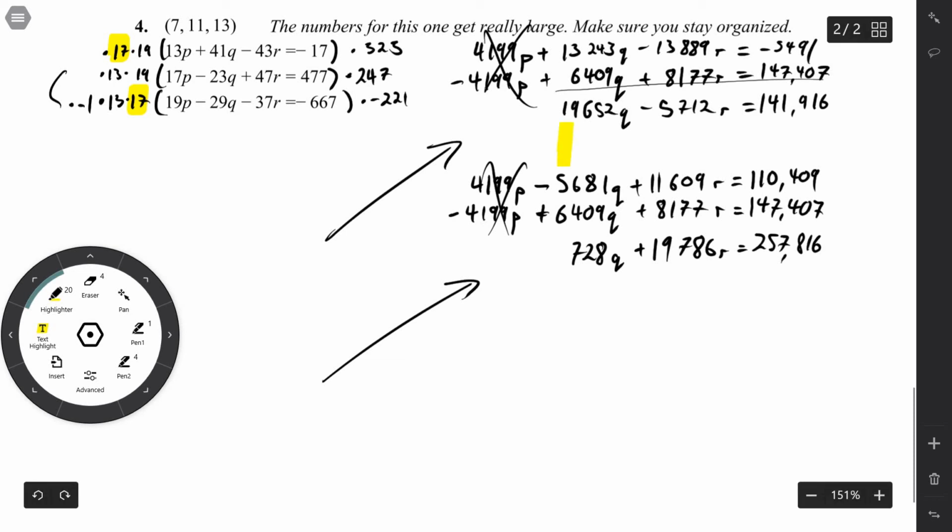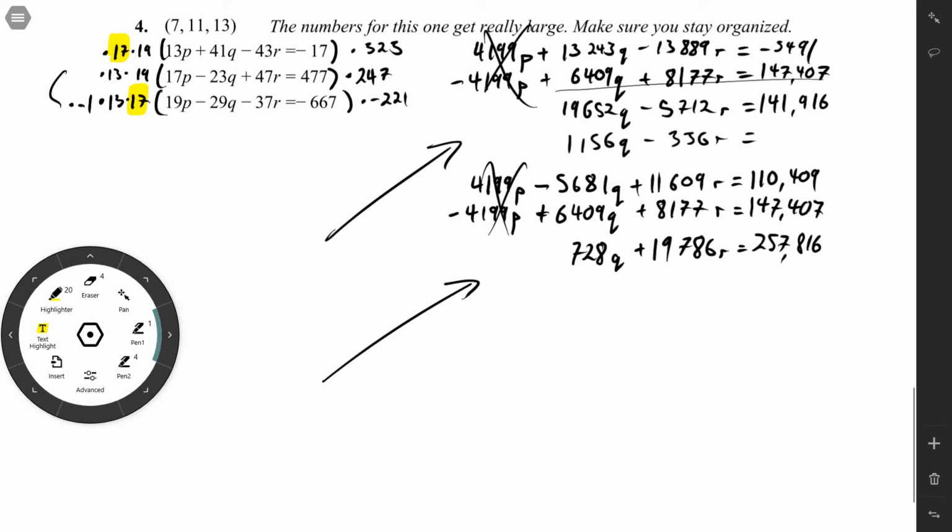We would get 1,156 Q minus whatever this 5,712 divided by 17 equals, that's 336 R, and that equals 141,916 divided by 17, 8,348. We can cross this one out. We don't need that one anymore.